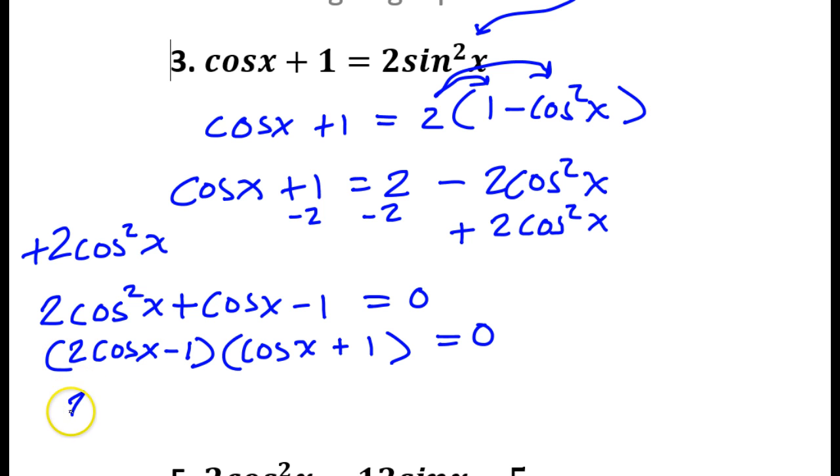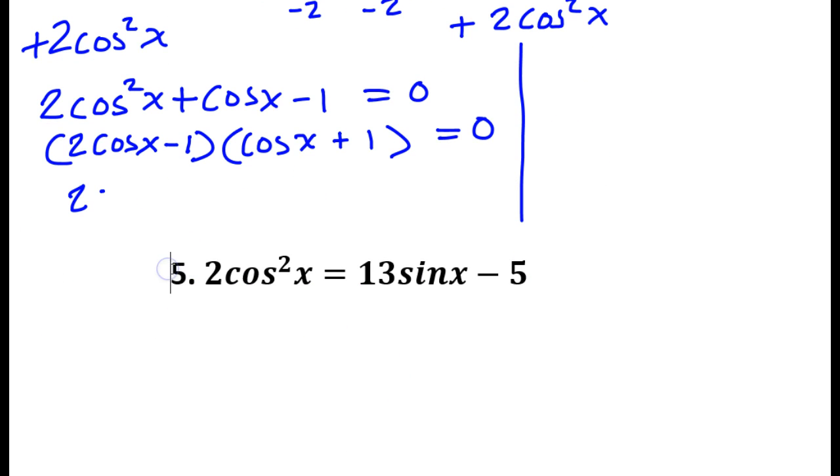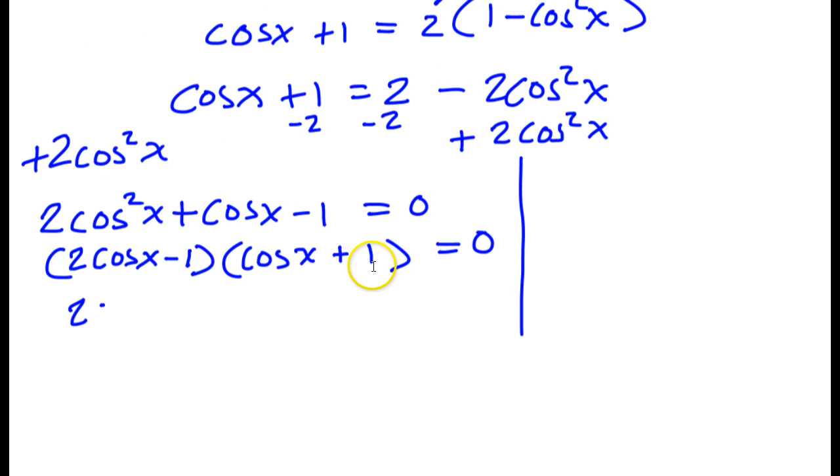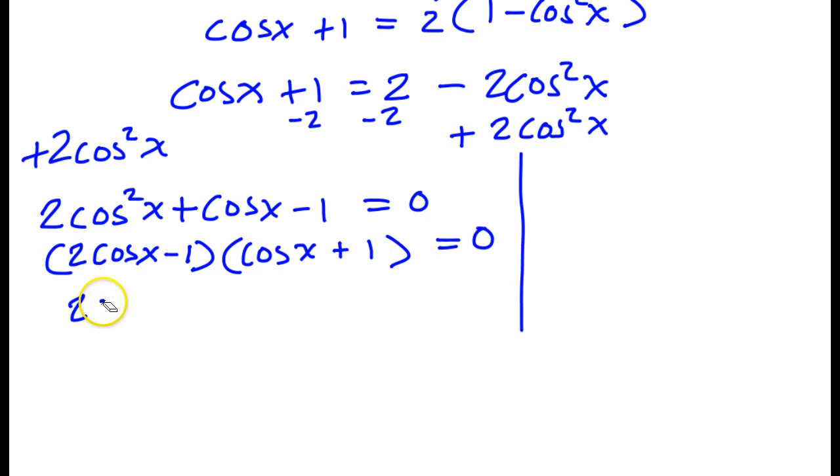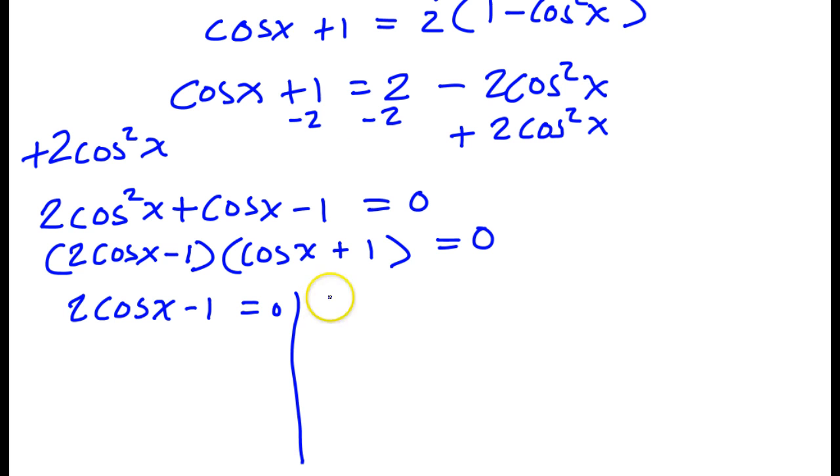So setting each of these equal to 0. I'm running out of space, but I can create more space, just hit enter a few times. Okay, so like I said, let's set these equal to 0. So I have 2 cosine x minus 1 equals 0, and I have cosine x plus 1 equals 0.